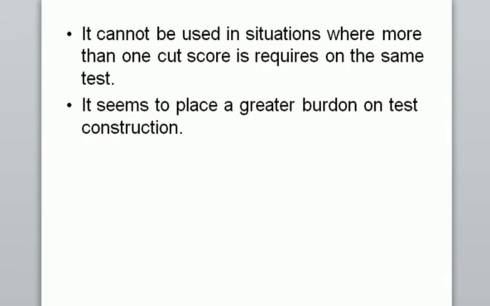The next problem is it can't be used in situations where more than one cut score is required on the same test.